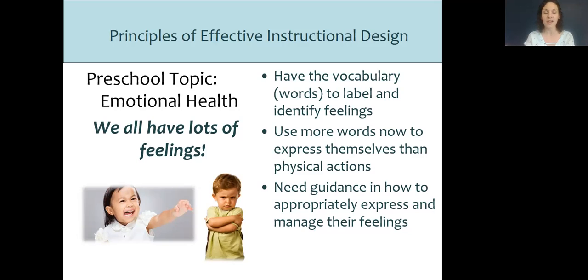This is the whole reason why we're providing a lesson on this: they need help, they need to value using their words and expressing themselves appropriately. And it helps them manage their feelings better. So we're going to help them navigate this by creating a lesson about it, because it's very developmentally appropriate. It's something that all preschoolers need to go through, and so it fits right in. So our topic would be emotional health. We all have lots of feelings.